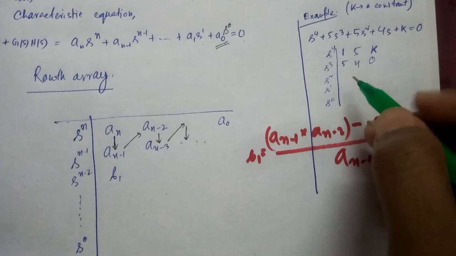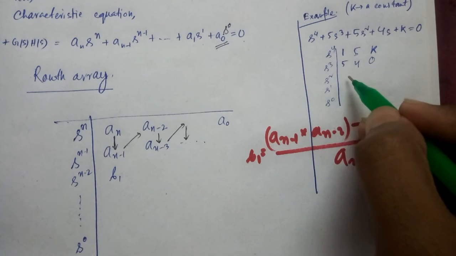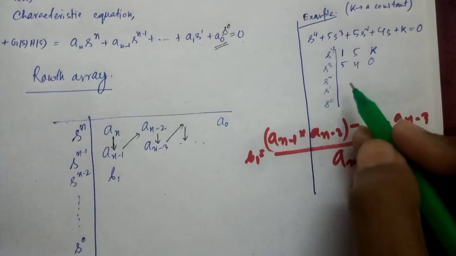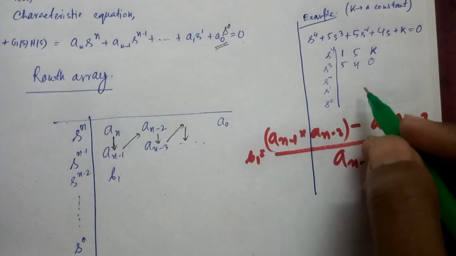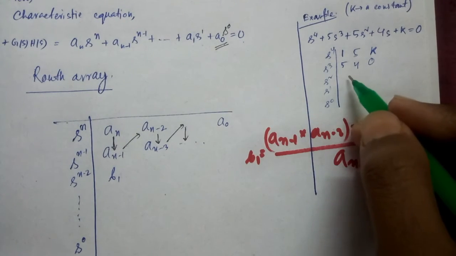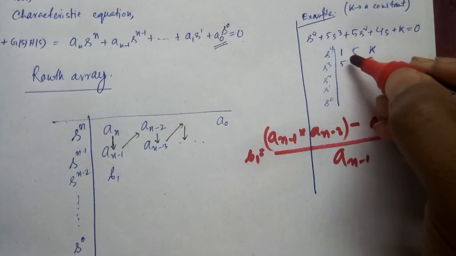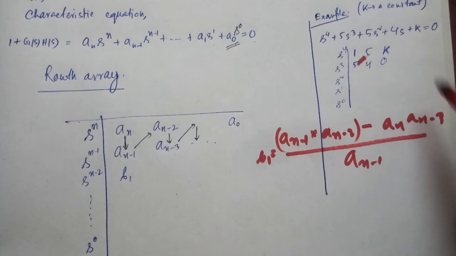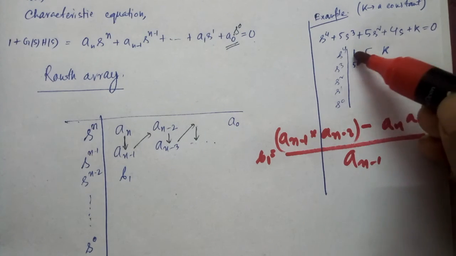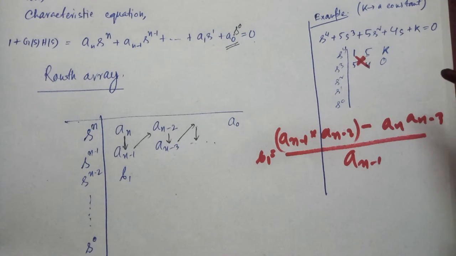Now before s square, it is actually the b_1 here. If I want to find out b_1, it will be 5 into 5 minus 4 into 1 by 5.